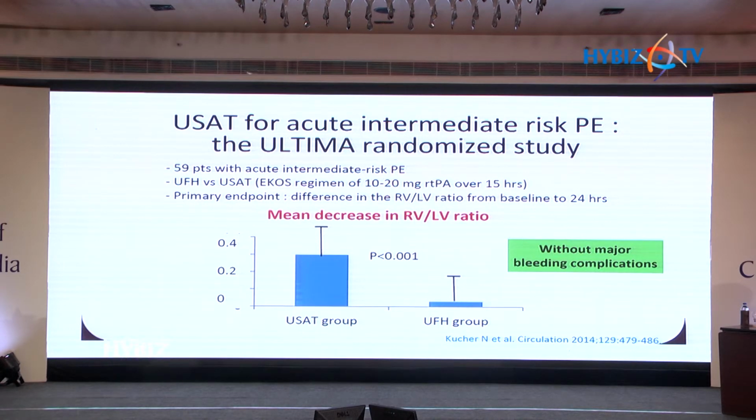Unfortunately, the number of patients is very low, but what is important is that within 24 hours there was a diminishing of the RV-LV ratio. The RV-LV ratio is normally 0.7, and when it exceeds 1.5, it indicates a very bad prognosis. Even in those patients where the RV-LV ratio was 1.5, there was a rapid decrease in the RV dimensions, thereby translating into better outcomes in the next 1 year.